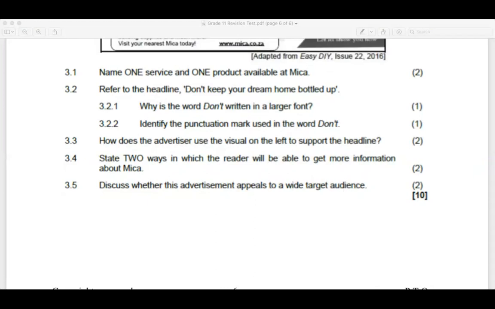The advertisement will only attract those who are interested in renovating, building their homes, or the advertisement will attract a wide range of readers because Micah offers a variety of services and products. Note that you will score 1 mark for an answer that is not well substantiated. You need to give substantiation, your own justification.